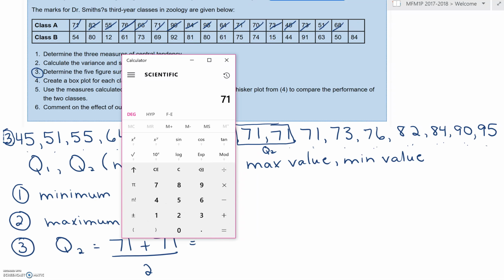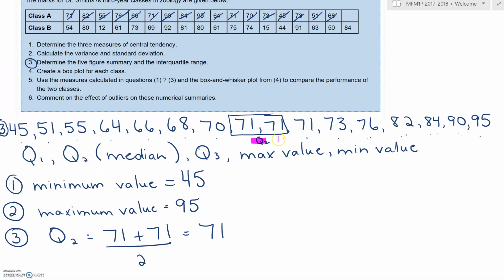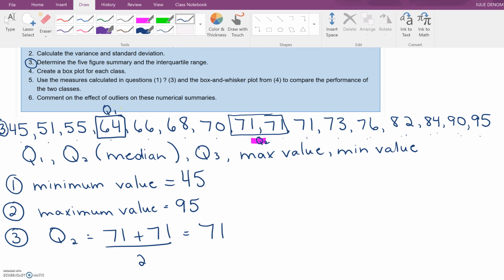Now, to find Q1, I'm going to highlight Q2 here so you can see it. Q1 is somewhere between 45 and 70. Because there are 7 pieces of data, it's found right in the middle: 3 pieces of data on the left and 3 on the right, which means your Q1 is equal to 64. So you just have to balance it.